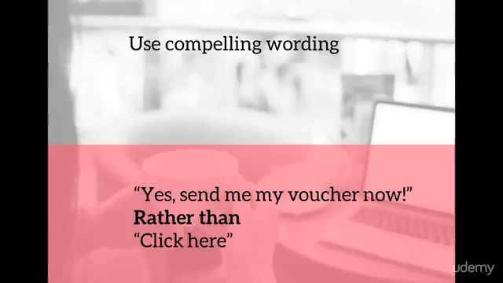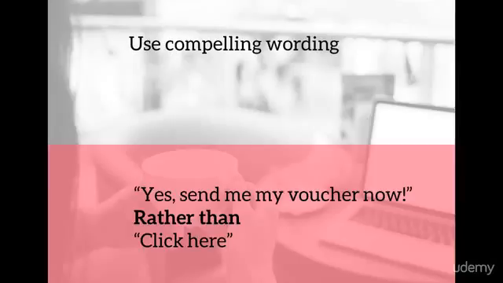The next tip is to write a compellingly worded button label, and this is one of the most overlooked tricks of the trade, which is a shame as it's one of the most effective. How often have you seen a button that says submit or click here? I mean, it's really boring. Not only is it boring, it's also incredibly passive because it doesn't compel your visitor to really take any action.